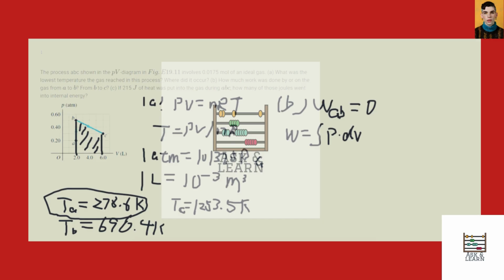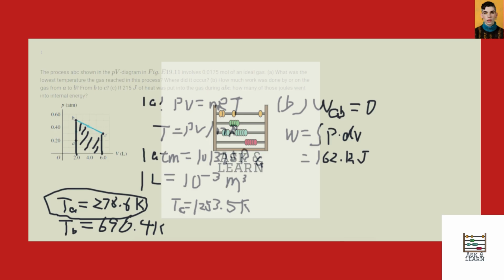So one way is you can plug in the relation between P and V into this integral and then do this integral completely. And the other way is you just use simple math and count the area below this line. Okay. And I'll just tell you the result directly. The shaded area is 162.12 joules.